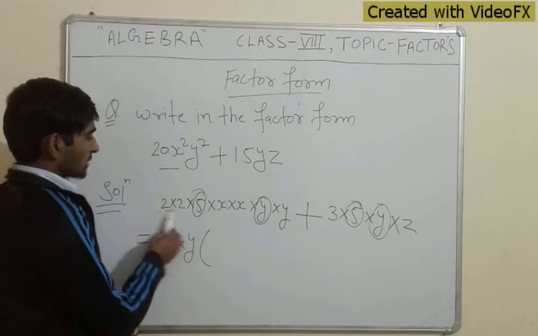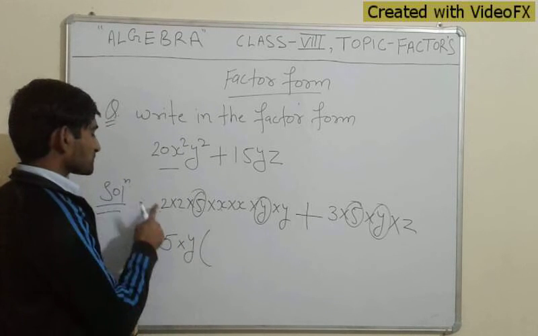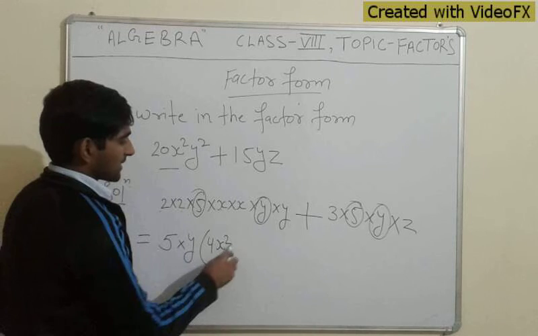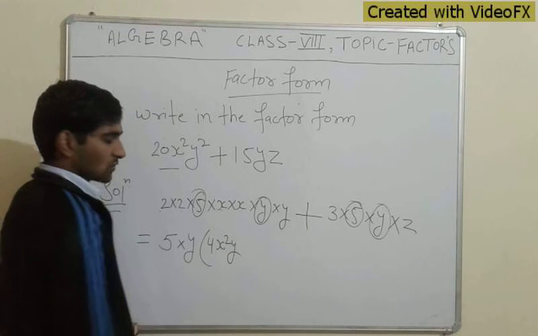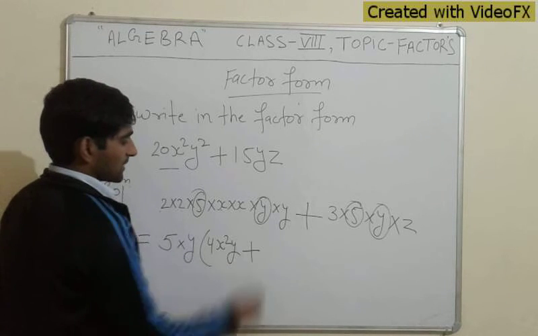So write 2 into 2, x square, that is 4 into x square. And this y is here, and put this plus sign.